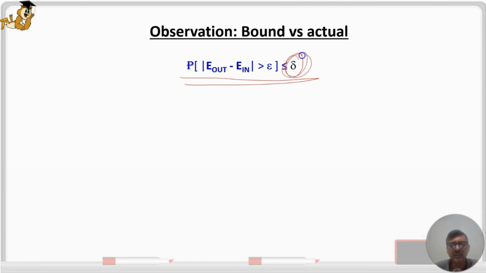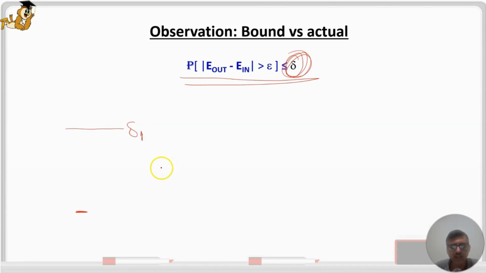So delta is basically an upper bound on the probability. Now it could well happen that in a particular case you had a high upper bound, and the difference between E out and E in was very small.